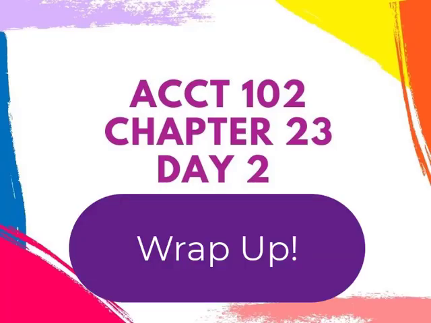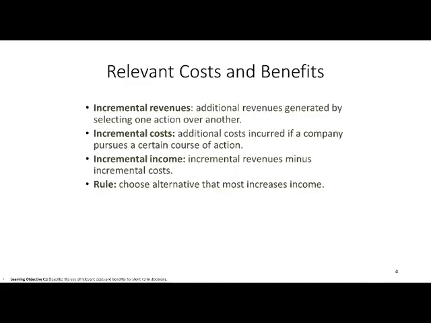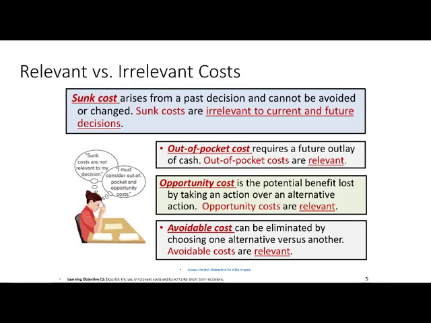In summary, this chapter covered a broad range of topics centered around your ability to identify relevant revenues and costs or expenses and to use them to make proper managerial decisions. In summary, we talked about the decision-making process itself. We learned about all the various types of relevant and irrelevant costs, and there were quite a few of those that fell under that umbrella.